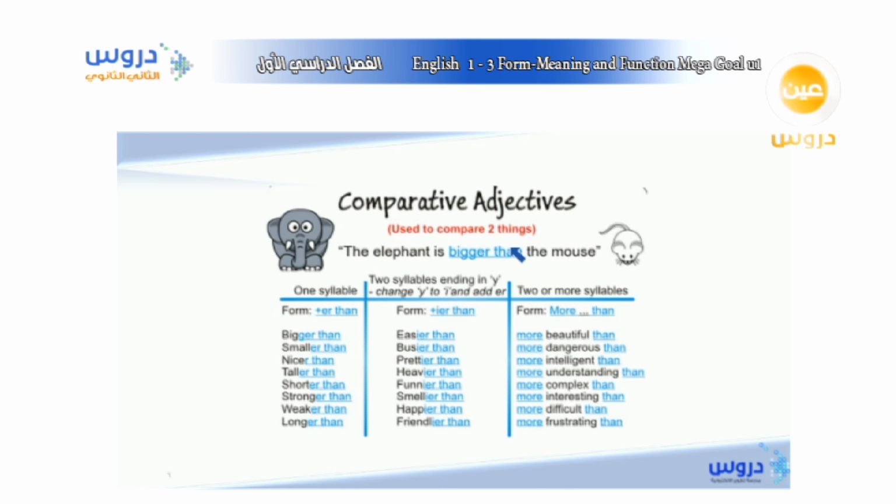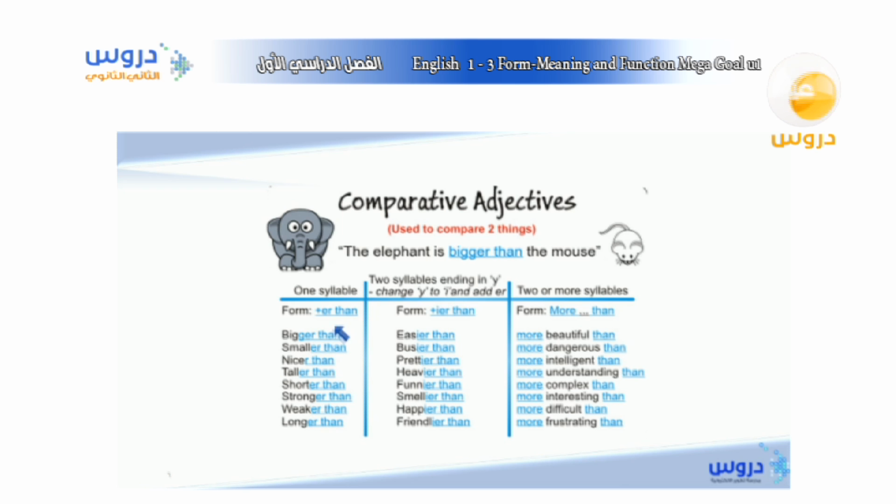Here, the comparative adjectives, we use the comparative adjective to compare two things. For example, the elephant is bigger than the mouse. Now, do we always add ER?